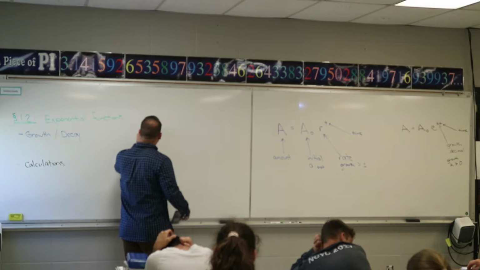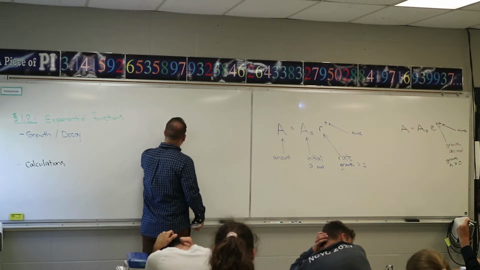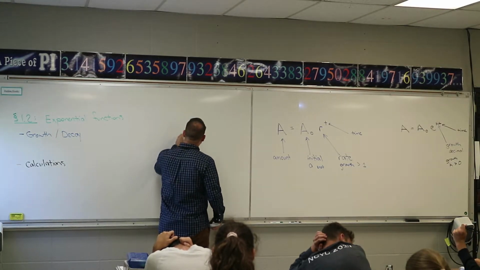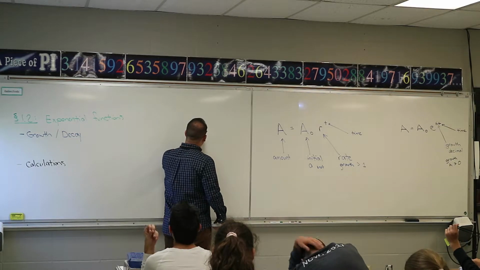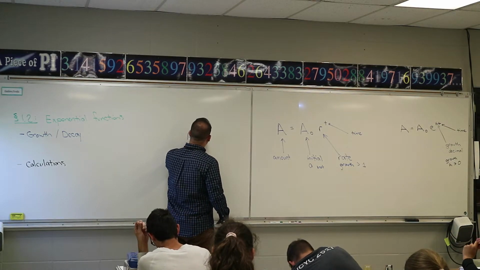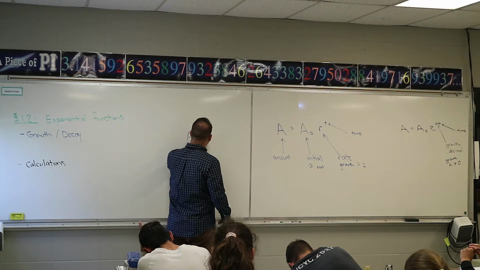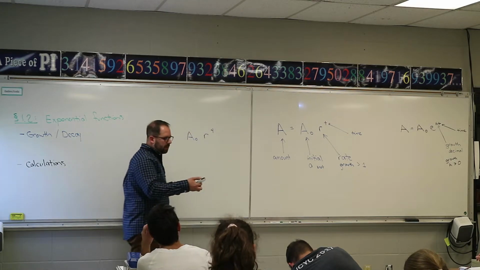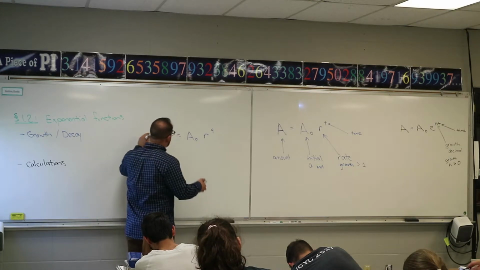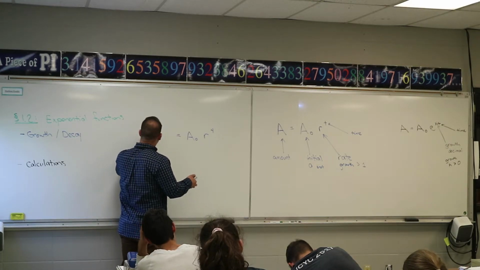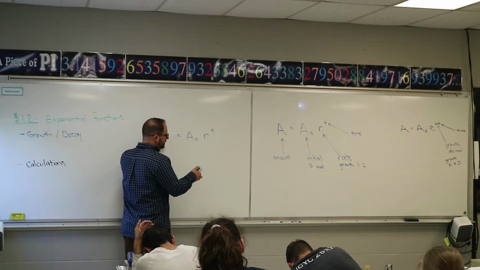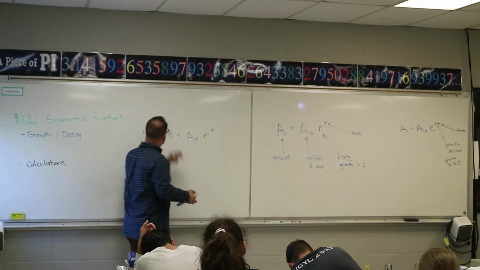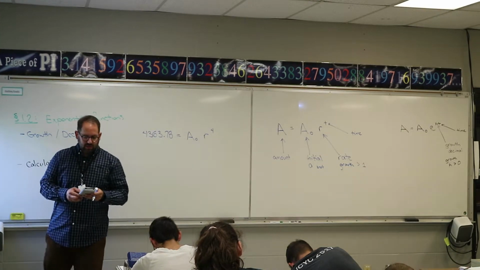Okay, so here's my data. I don't know my initial amount of people, and I don't even know my rate, but I know after the fourth year, my population is 4,363.78. Okay, if that makes any sense to you.